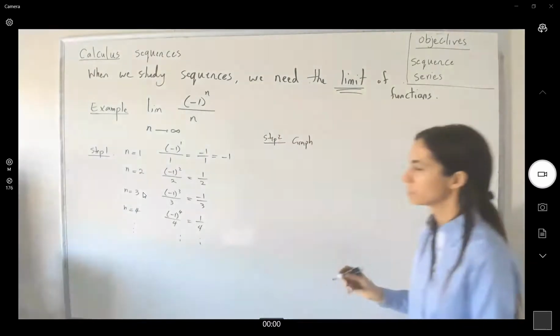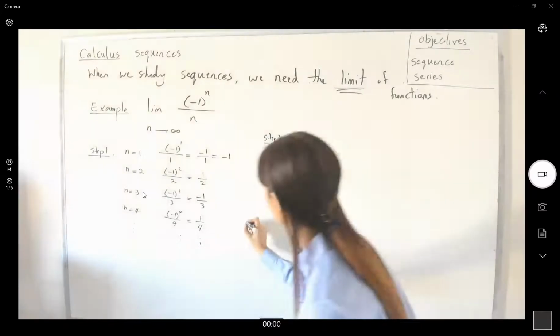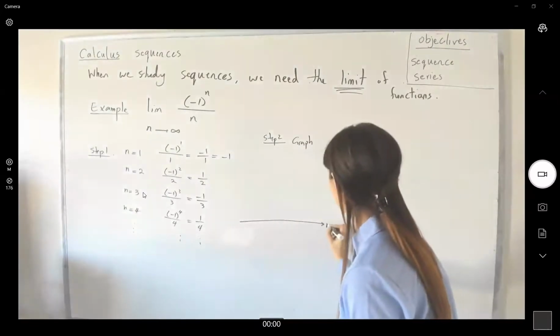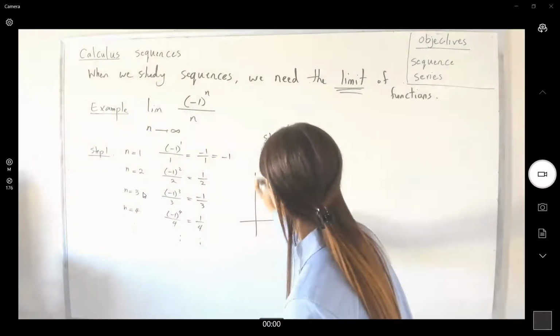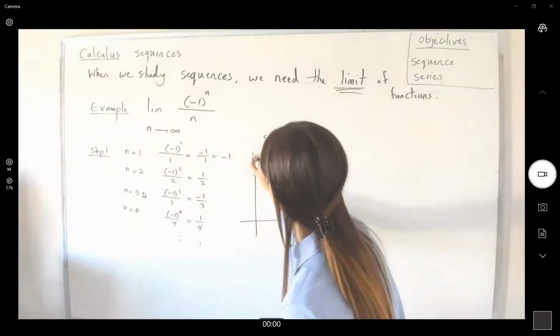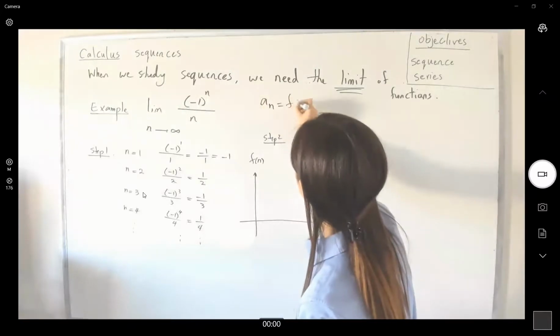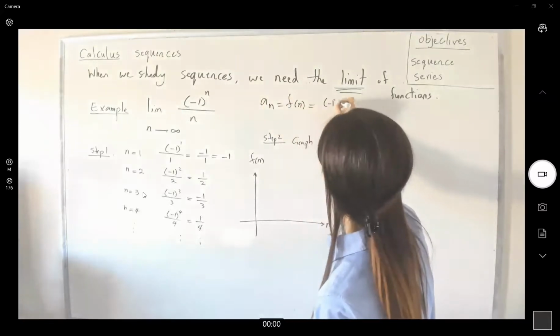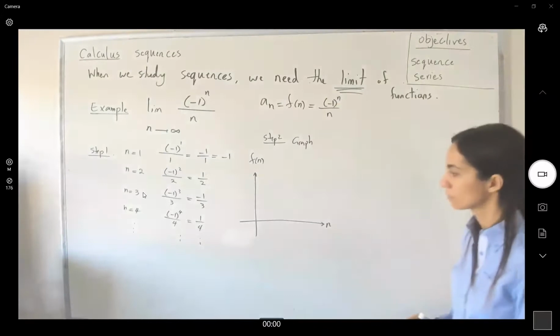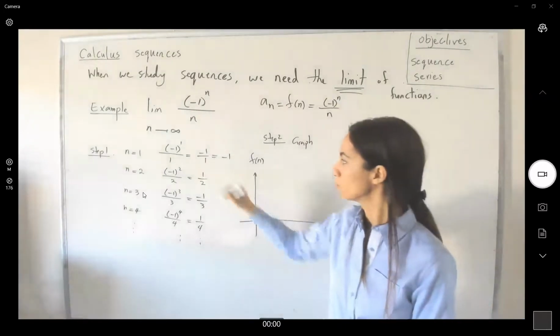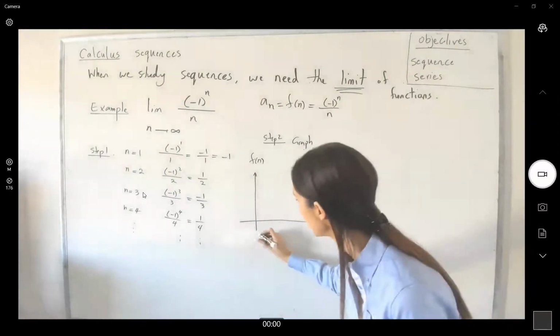Step 2. Graph the sequence, see how it behaves. Again, we have n and a function f of n, or a_n, it doesn't matter, equal to negative 1 to the n over n. Okay, perfect. N is equal to 1, I have a negative y value.